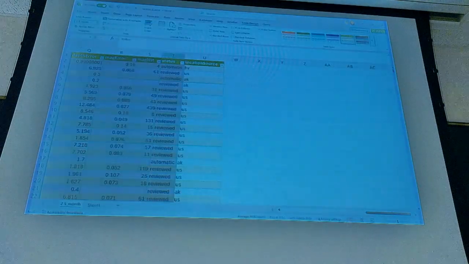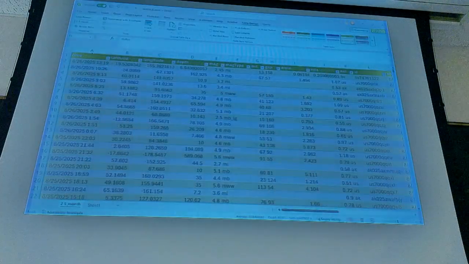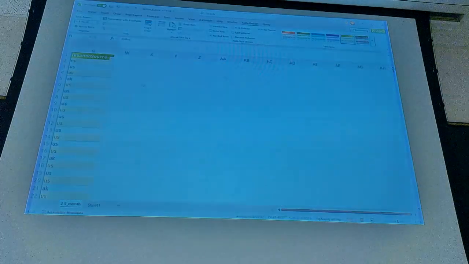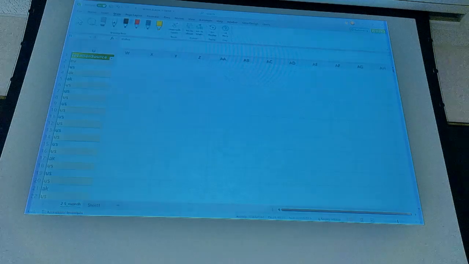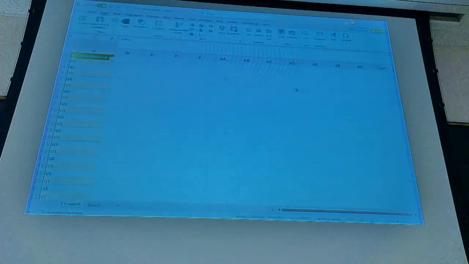Hide. Frequency. Insert. Pivot table. Range.